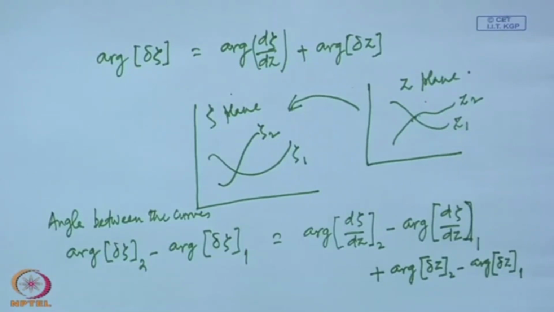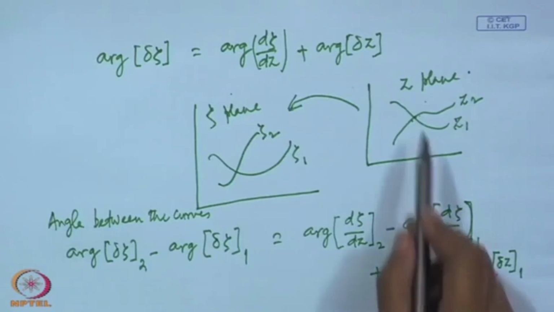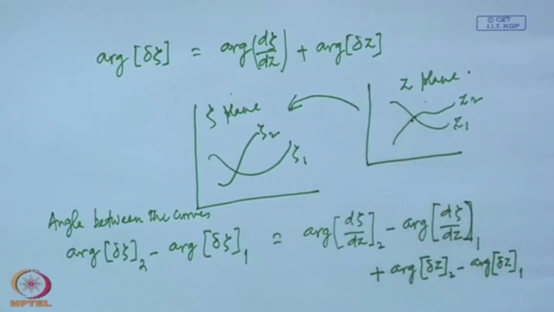Now, this transformation function zeta is analytic, assuming that it is analytic at the point of intersection also. Now, if this function zeta is analytic at the point of intersection, then the derivative there is path independent.